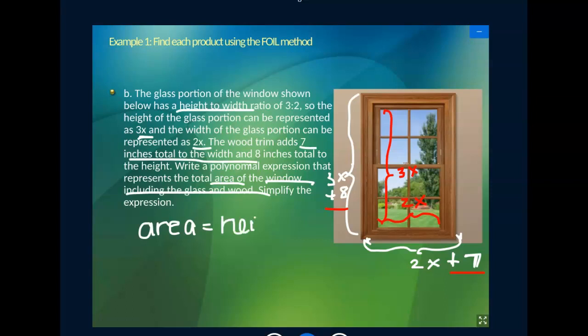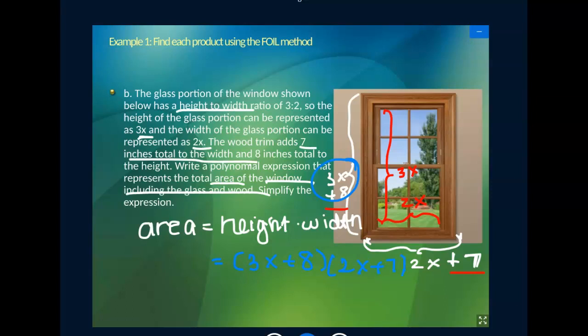So area is height times width. So what is my height, including the wood trim? Well, the height is that 3x plus 8. And the width is that 2x plus 7.